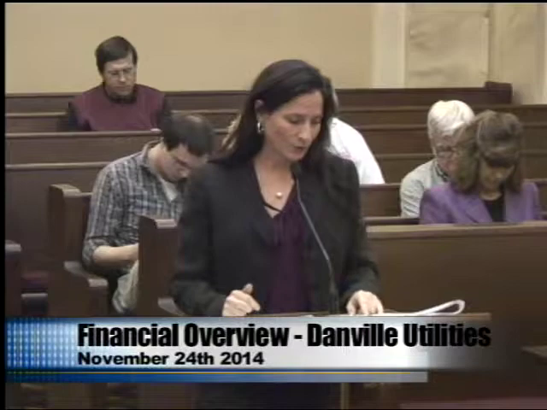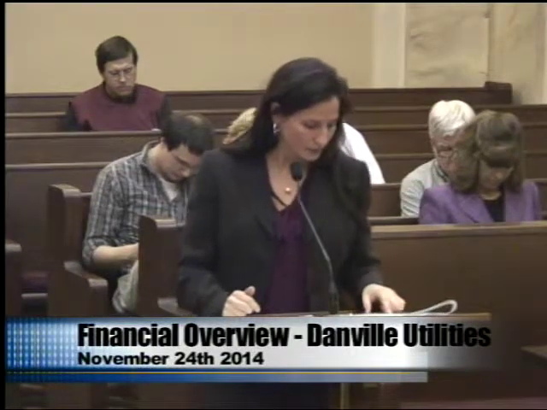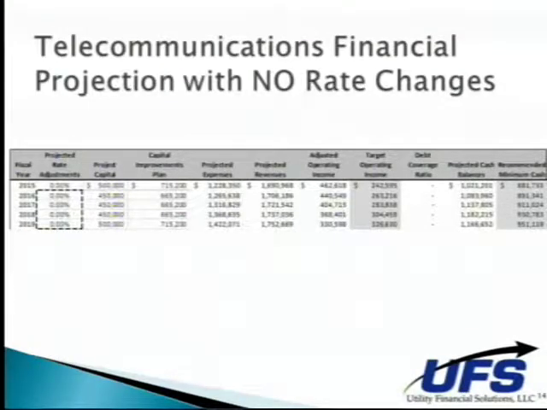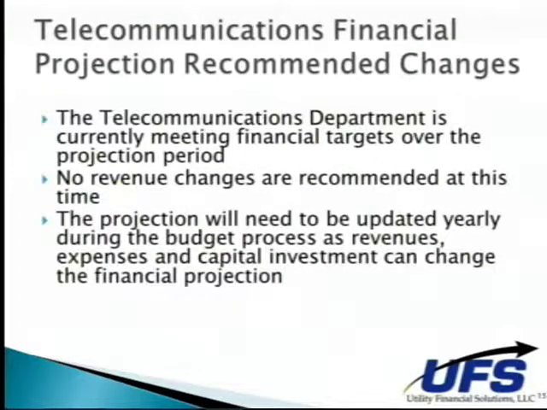Over a 5-year period, you can see, for example, in 2016, which is the second line down, just look at the flow of operating income compared to the target operating income. We're meeting our target operating income target in the telecommunications department. We're also meeting our minimum cash requirements, which is the last 2 columns. In this department, currently, over the 5-year projection period, the utility looks financially healthy.